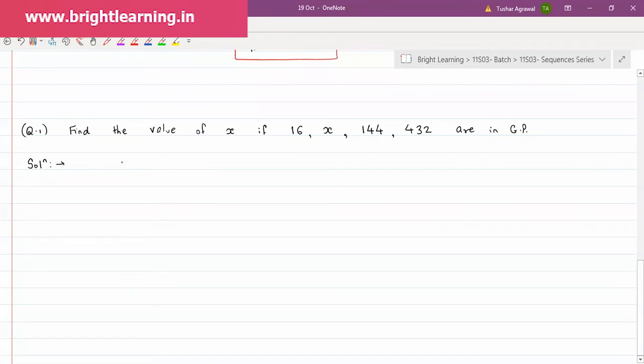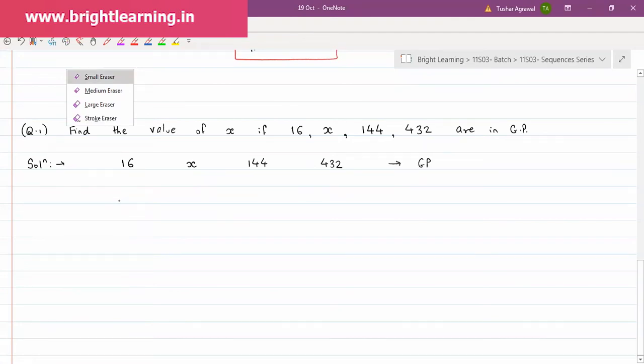I can write here 16, here 16 times r, here 16 times r square, or 16 times r cube, but a better explanation would be this is in GP.